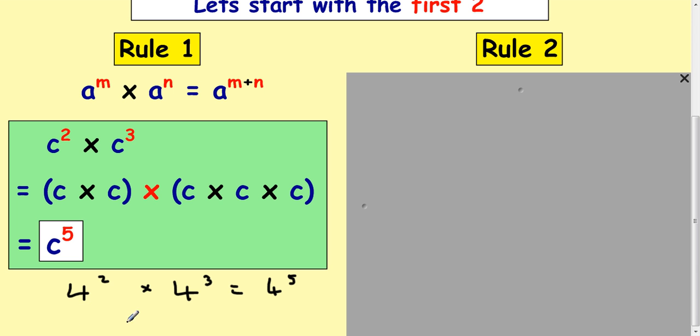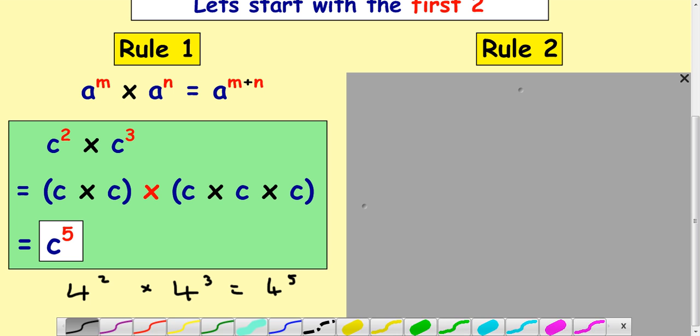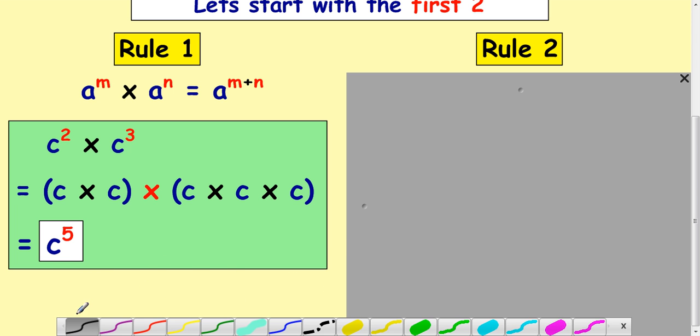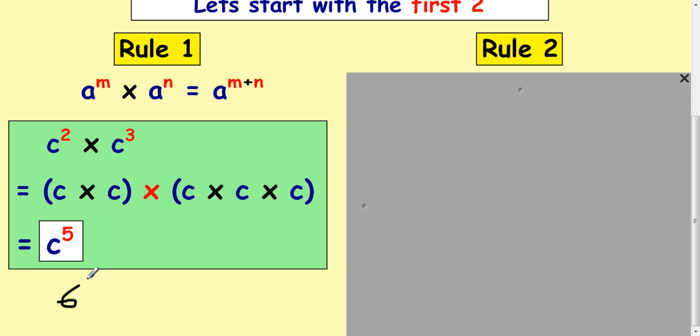And same principle, if you don't need to use a 4, you can use any number. If I used, for example, 6, if I did 6 to the power of 3 and multiplied it by 6 to the power of 4, then that's equal to 6 to the power of 7. Just add the powers.